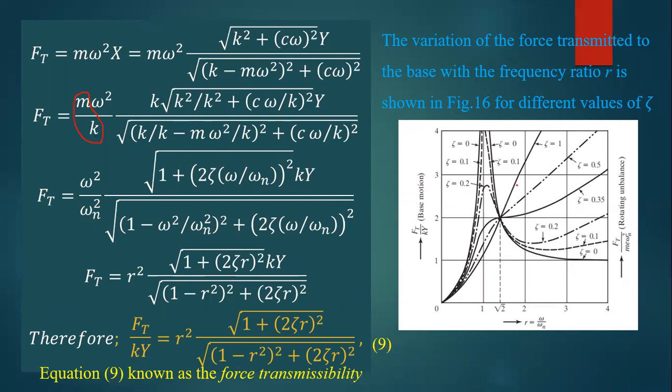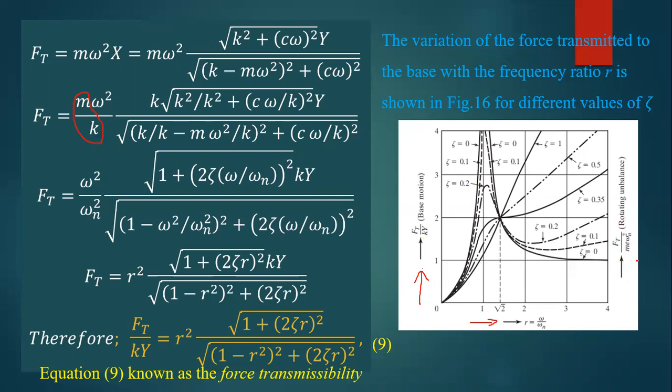So we can see a graph of force transmissibility versus frequency ratio, the frequency ratio and the force transmissibility, or Ft over ky, in relation to the damping factor. Someone can also see Ft over m e omega square, which belongs to the rotating unbalanced case.